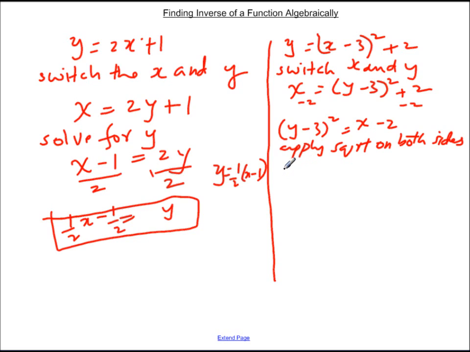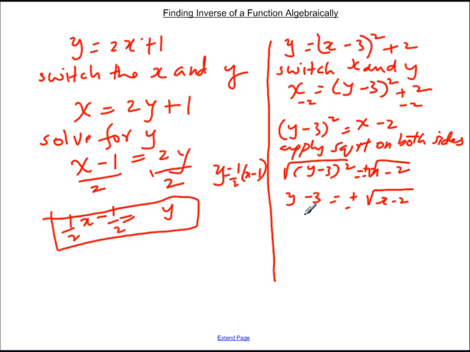So when we do that, we write it as the square root of y minus 3 squared is equal to the square root of x minus 2. Of course, we have plus or minus. So this square root and this square cancel out. We are left with y minus 3 is equal to plus or minus the square root of x minus 2.